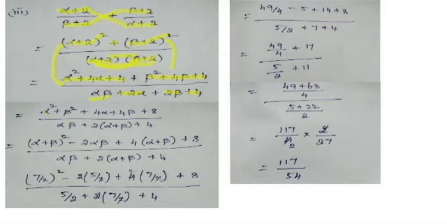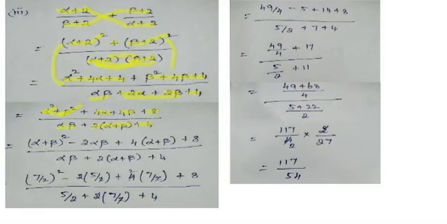So you have to rearrange that. Alpha square plus beta square plus 4 alpha plus 4 beta plus 8 whole divided by alpha beta. So here denominator 2 alpha plus 2 beta, we are taking 2 commonly outside. So if you take the 2 commonly outside, we will get 2 into alpha plus beta and plus 4. So now we are going to apply the formula for this alpha square plus beta square.